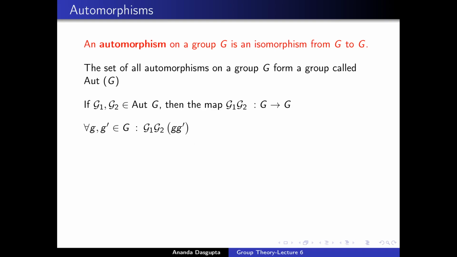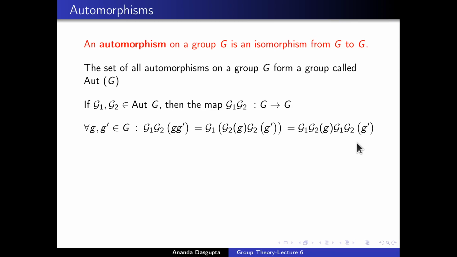Now curly G2 being an automorphism, hence being structure preserving, produces curly G2 of g, curly G2 of g prime, and then curly G1 goes and acts on that. And curly G1 is now acting on the product of curly G2 of g and curly G2 of g prime, so it produces curly G1 G2 of g times curly G1 G2 of g prime.